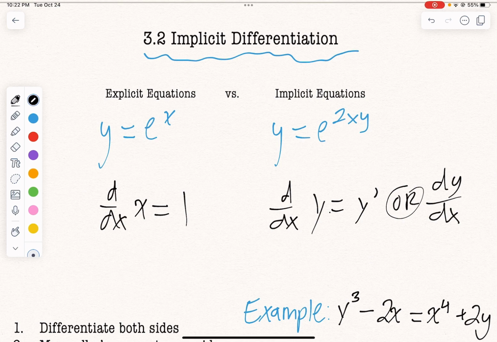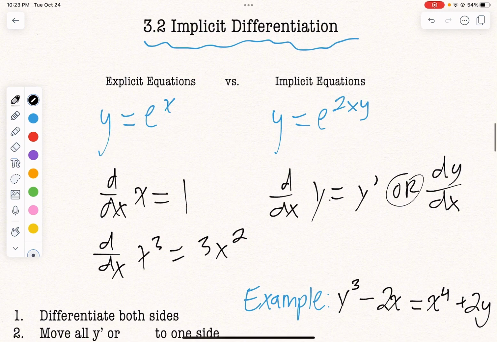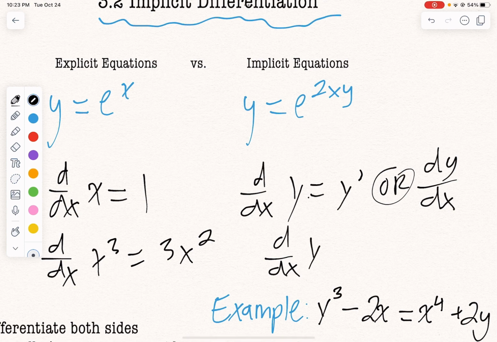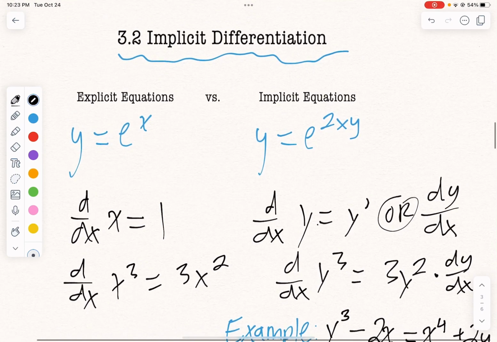And when you have d over dx of x to the third, we know that would give you 3x squared, according to our lovely power rule. But since you're deriving y to the third, it's going to give you 3y squared times dy dx, or once again y prime, either one works.